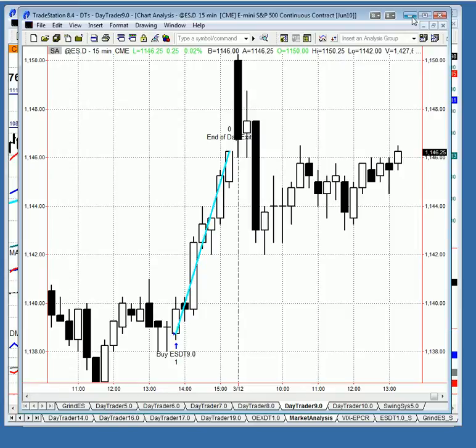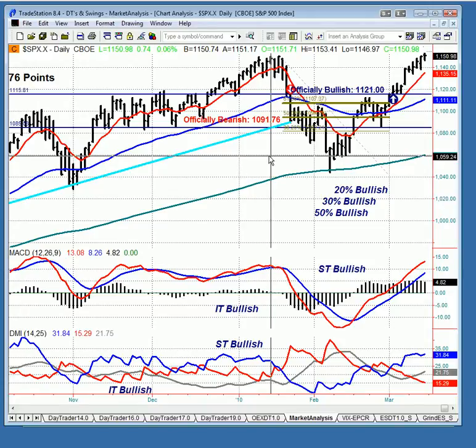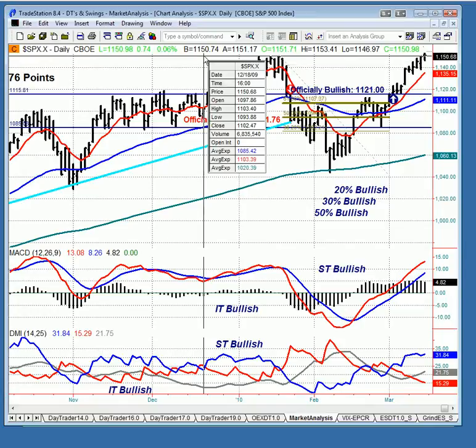We'll actually minimize that, and we'll take a look at the daily chart here. Actually, we're going to take a look at that now because that's the desktop we're looking at. So this is a chart of the daily market, the S&P 500 cash market, and as you can see, we are right at the former early January highs, which, as you can see right there, look at that level of resistance at around 1150 even.